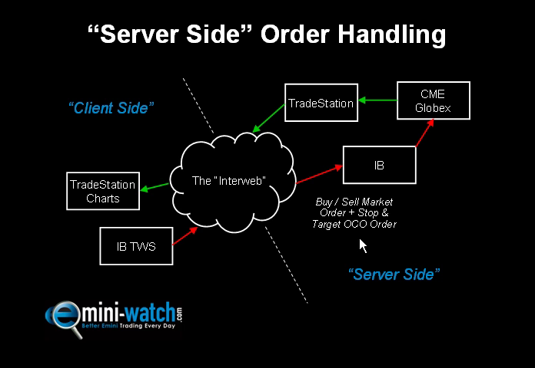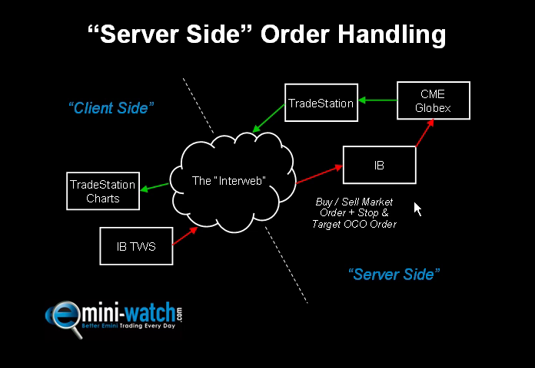It's what's called an OCO order: one cancels the other. So it's a little package of orders that goes in as a buy or a sell with a stop loss and a profit target. My default profit target is 4 points and my default stop loss is 4 points. And that order is immediately transmitted to my broker and then to the exchange.